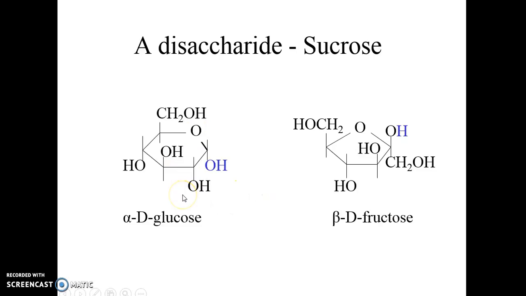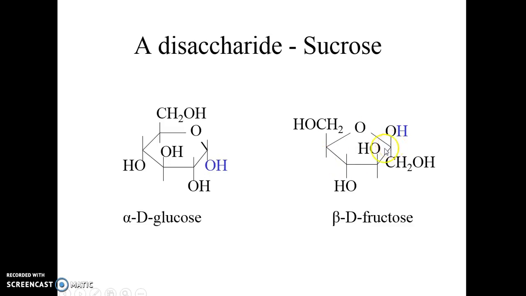Sucrose is glucose that has been joined to fructose. So the table sugar, sucrose, is half glucose, half fructose. To make the linkage, it's going to be alpha 1, and then it's going to be joined to a number 2 carbon over here.